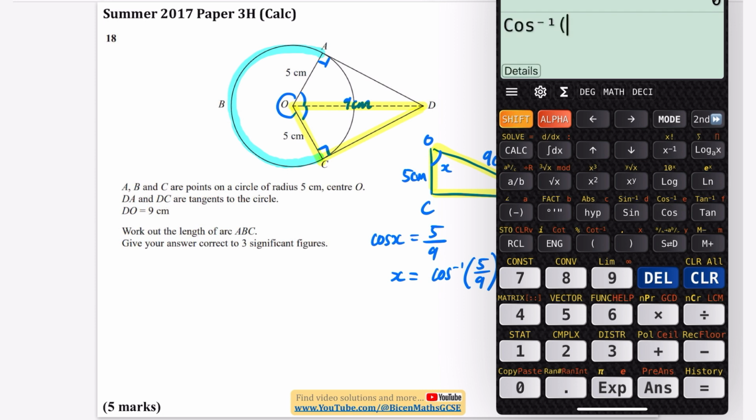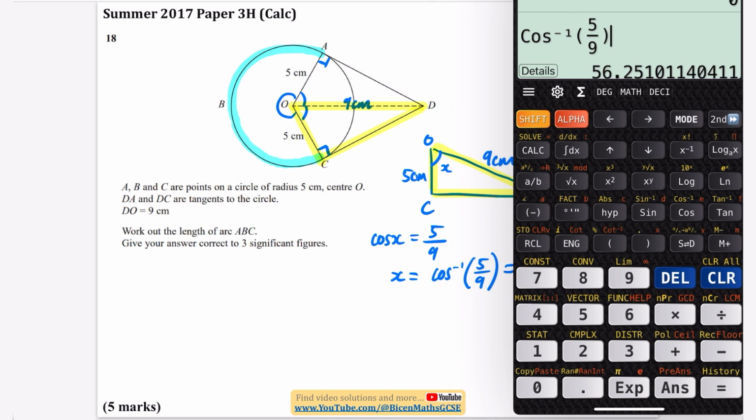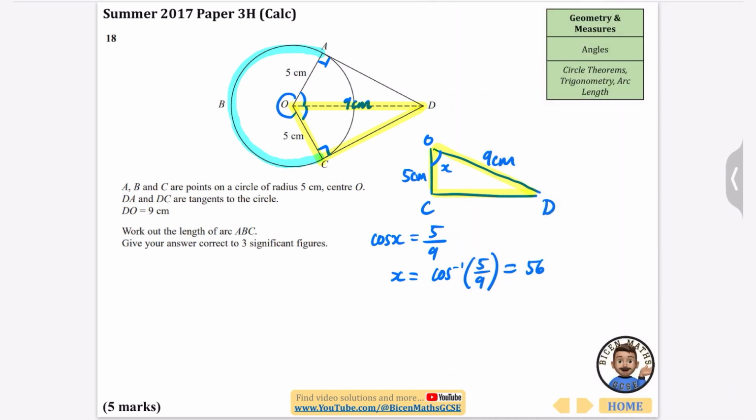And it gives me 56.251 or 56.25 degrees. I'm going to do 251 just in case we need a little bit more accuracy. So if these ones here are 56.251, this one is going to be 56.251 as well.